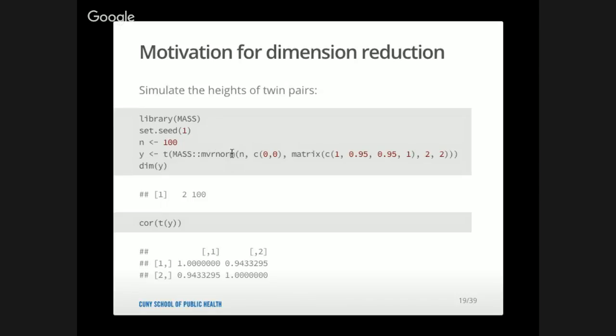This function, MVR norm, will create random normally distributed variables with a specified covariance, or in this case, correlation matrix.